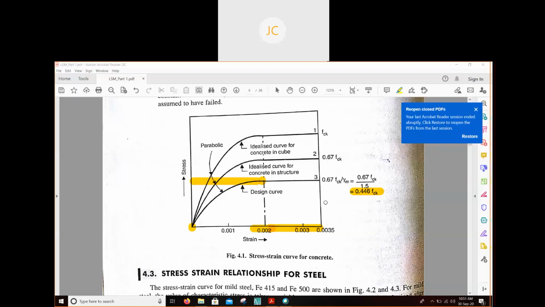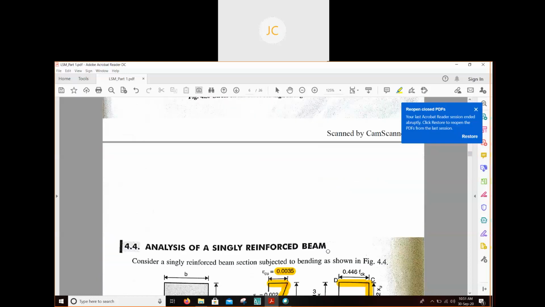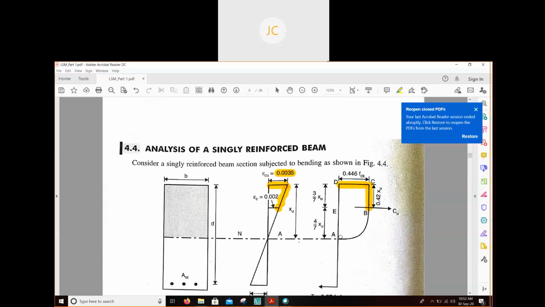After reaching the strain of 0.0035, our concrete will fail. That means this line is our ultimate point. This value is shown in this stress strain behavior: this is our stress 0.446, this is our strain.